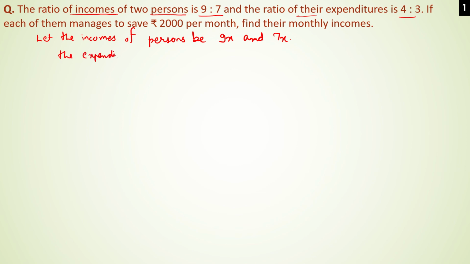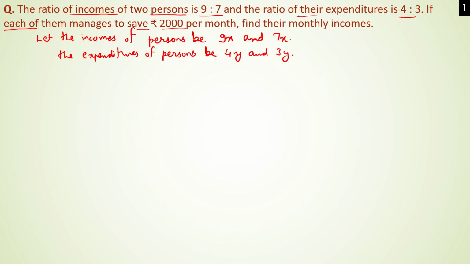So let the expenditures of the persons be 4y and 3y, and it is given that each of them manages to save rupees 2000 per month.